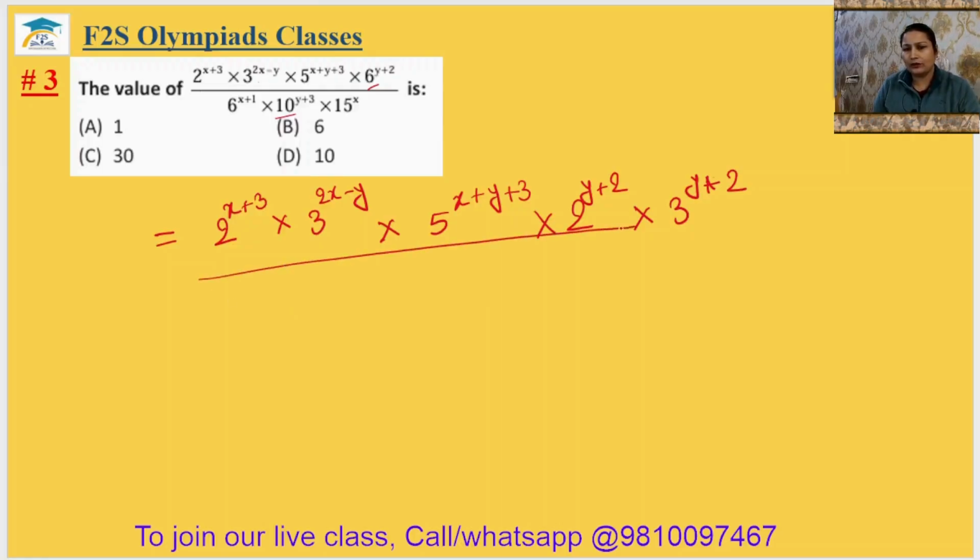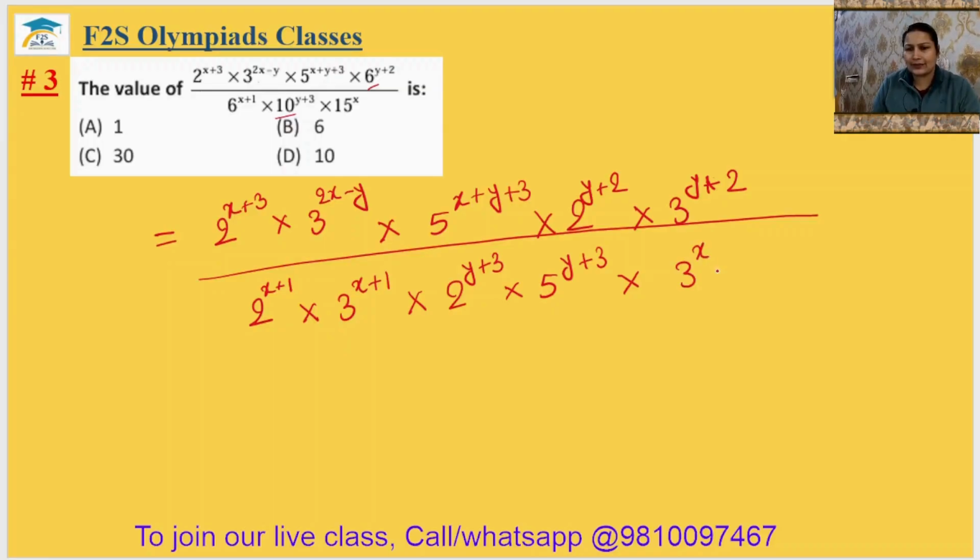Upon 6 to the power x plus 1. It will again be written as 2 to the power x plus 1, multiply by 3 to the power x plus 1, multiply by 2 to the power y plus 3, multiply by 5 to the power y plus 3, multiply by 3 to the power x, multiply by 5 to the power x.